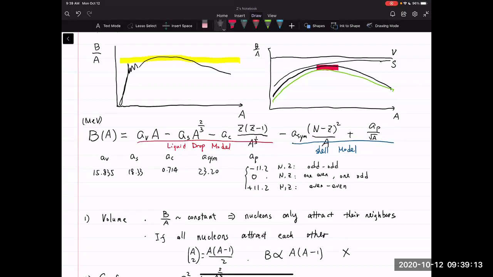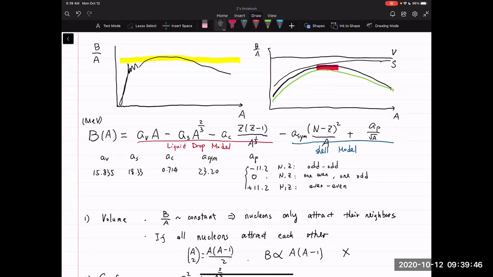Of course, this is not exact for all of them. The discrepancy is larger when the shell model, this quantum mechanical effect, is more important. In fact, especially for those light elements, when we have all these oscillations, like for helium, for boron, the binding energy per nucleon deviates from this curve more.